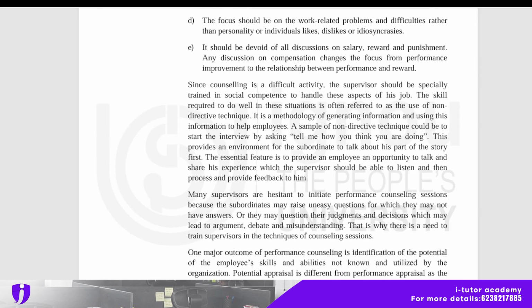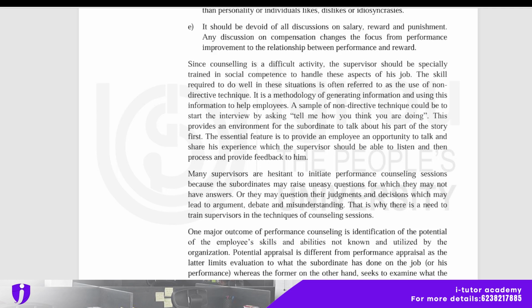Since counseling is a difficult activity, the supervisor should be specially trained in social competence to handle this aspect of his job. Many supervisors are hesitant to initiate performance counseling sessions because the subordinates may raise uneasy questions for which they may not have answers.